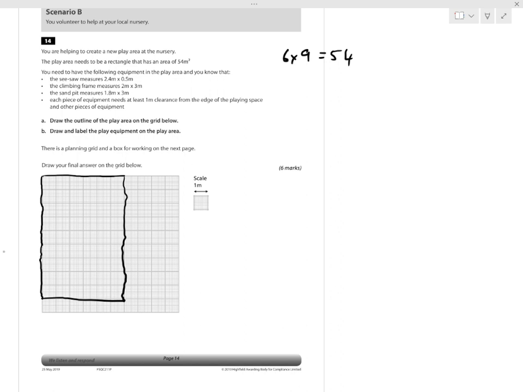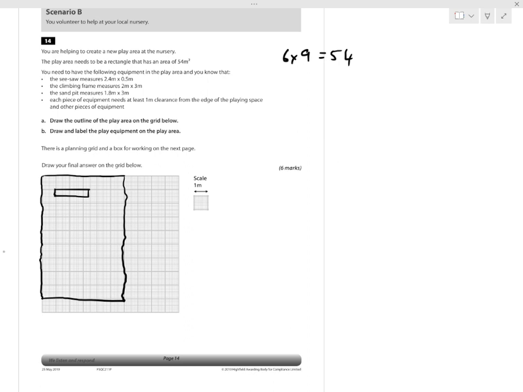Now, the seesaw, climbing frame. Each piece needs to be 1 metre from the edge. So we'll have a seesaw 2.4 times 0.5. Climbing frame 2 by 3. Well, let's see.